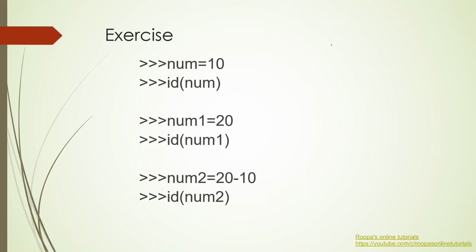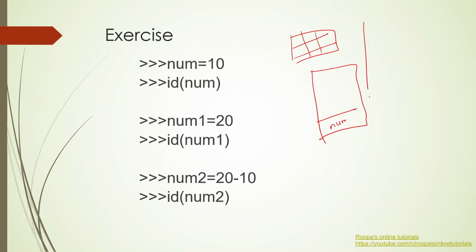I was talking about the variables being declared. In your memory cells, for example, I'm calling a particular variable num, and the address associated with this num, let us say, is 2000.